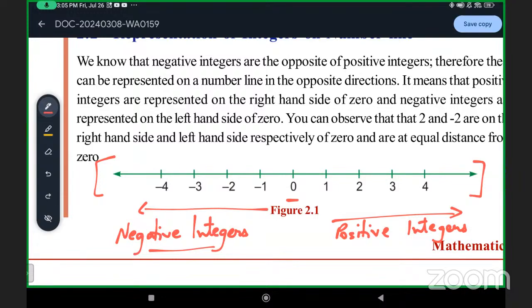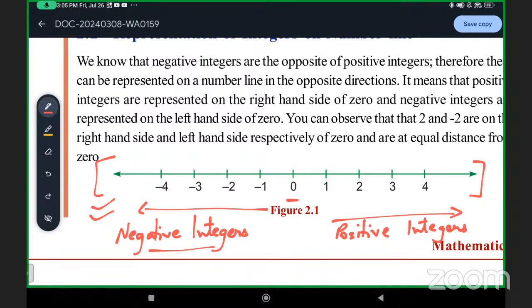And they are greater than one another as we go towards the right side: 2 is greater than 1, 3 is greater than 2, 4 is greater than 3. But on the negative side, 0 is greater than all the negative integers: 0 is greater than -1, -2, -3, and so on.